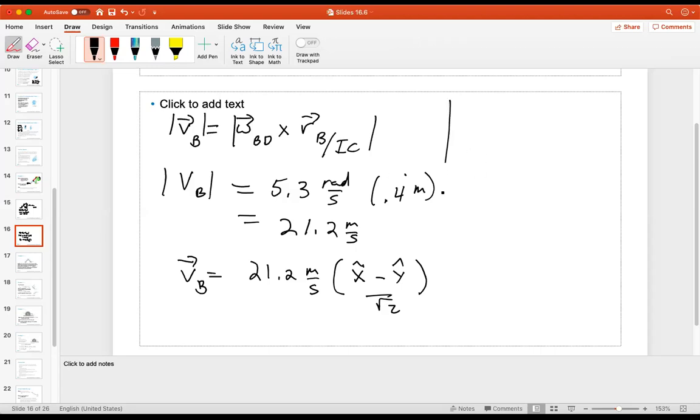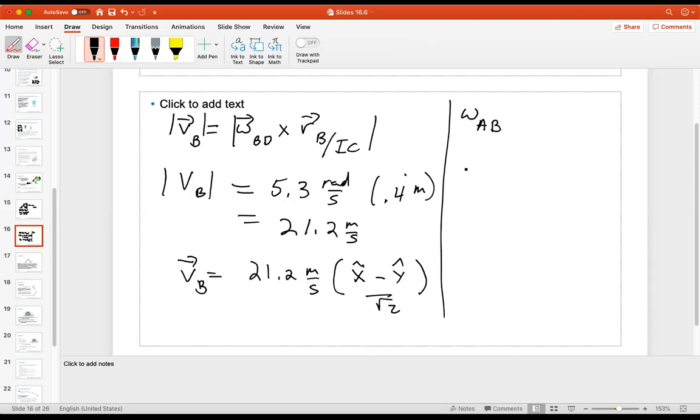The last thing we have to do for the problem is to find the angular velocity for link AB. And to do that, I know that A is the instantaneous center for link AB, which means that about point A, you can just think of B as undergoing a pure rotation.